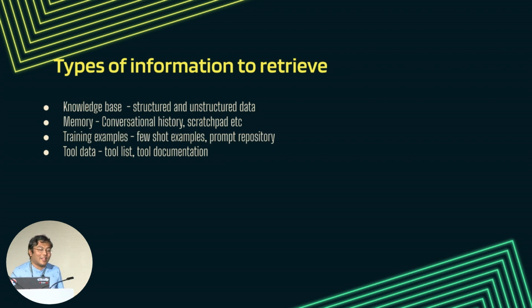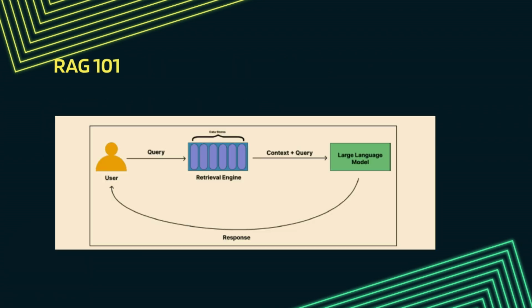Or few-shot examples that you can dynamically retrieve from a large training corpus. Also, the last part, mostly related to agents: list of tools, documentation, for example, API documentation if you are trying to generate code, etc. So whatever I'm going to speak in the next 30 minutes is applicable to all of these types of information, but mostly keeping in mind the first part, the knowledge base one.